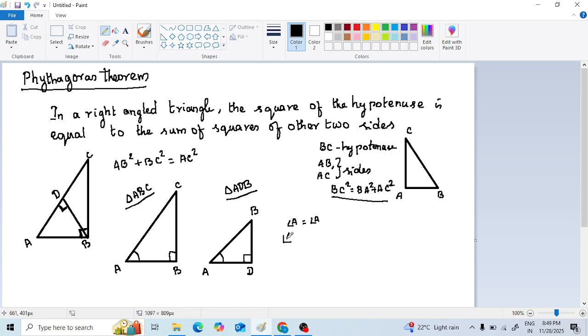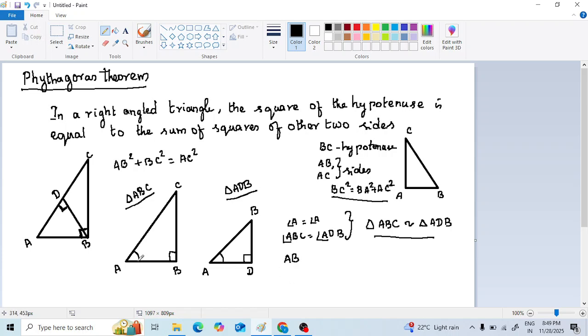Therefore, we can say angle ABC is equal to angle ADB. Therefore, from these two we can say triangle ABC is similar to triangle ADB. So we can see the sides. From the similarity, we can write AB.